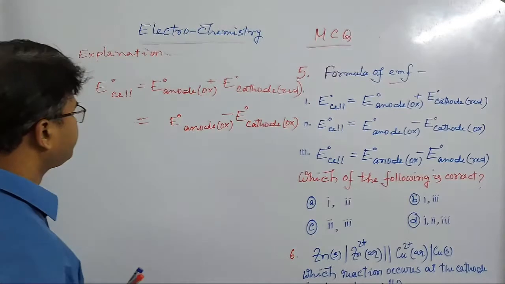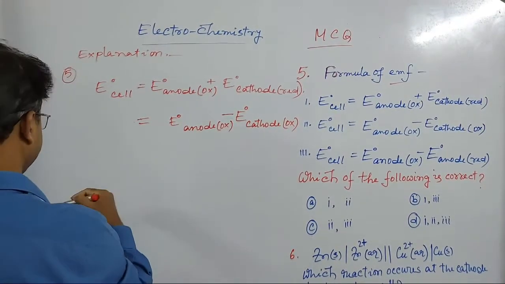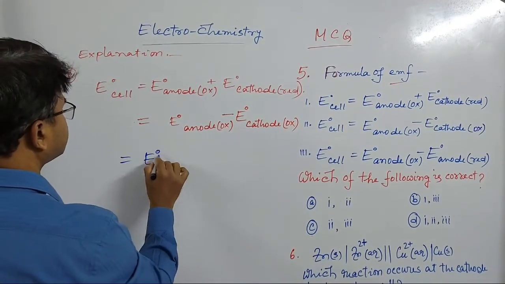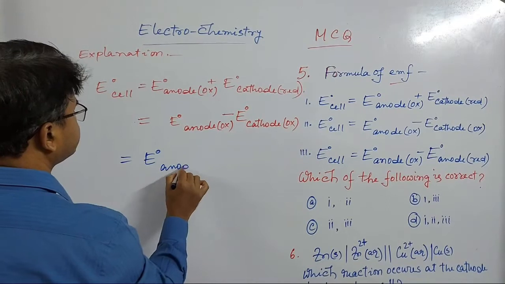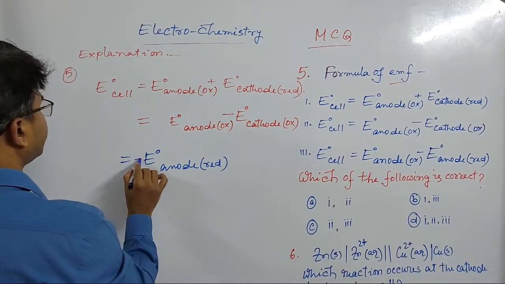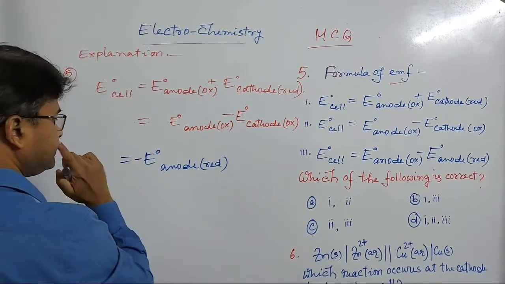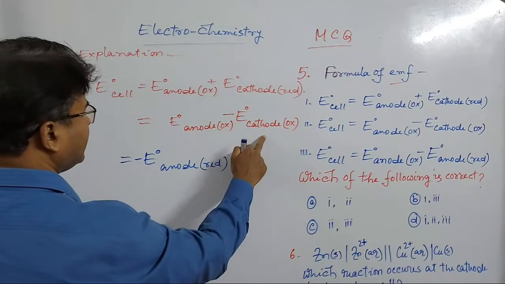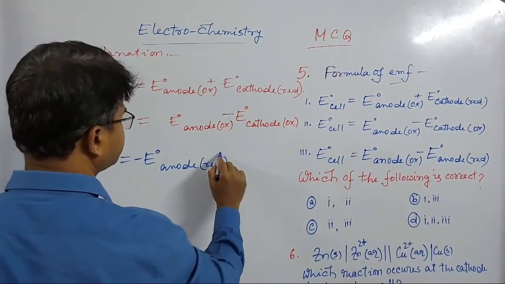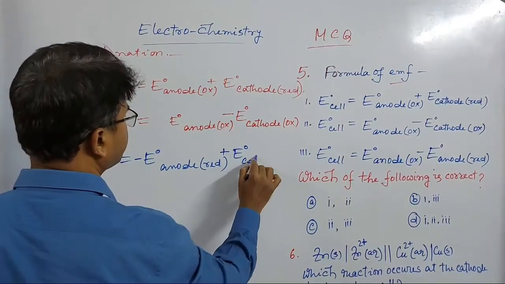And again, if I write here anode reduction, it will be negative. Here it was positive, now it will be negative due to the reduction. And if I write here also reduction reaction instead of oxidation reaction for the cathode, it will be positive.